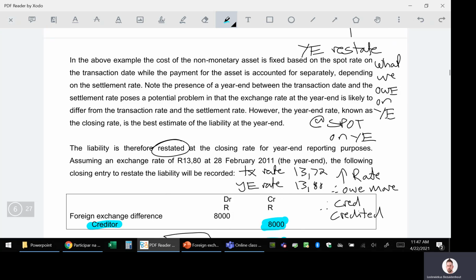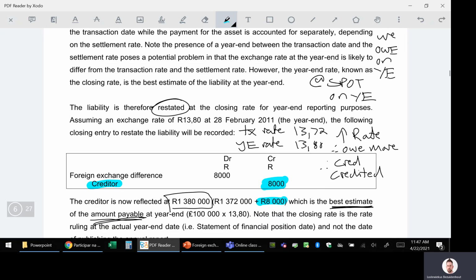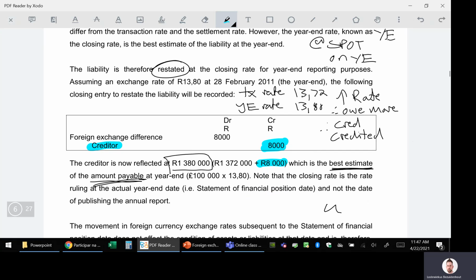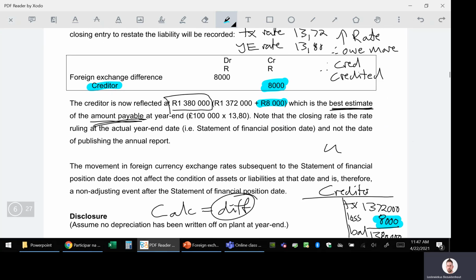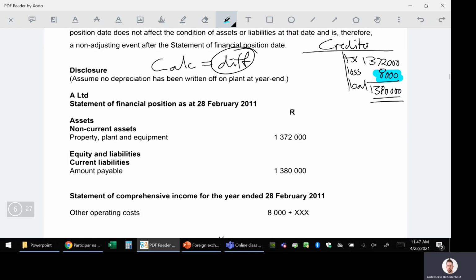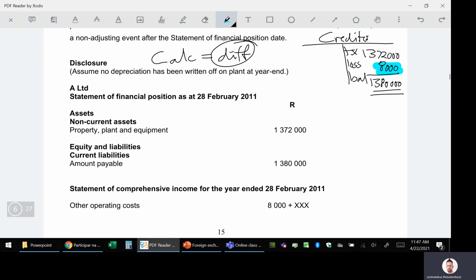But then the question goes on to say, if we didn't pay before year end, then we would have to restate on year end. And that's where we are now. All right, then we have amount payable, current liabilities, 1380, because that is the restated value of the creditor.